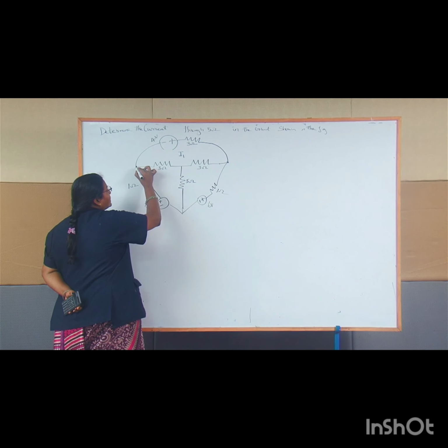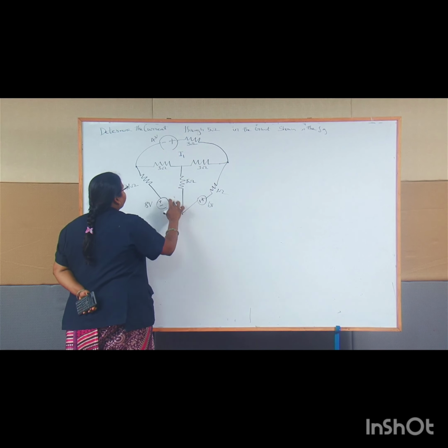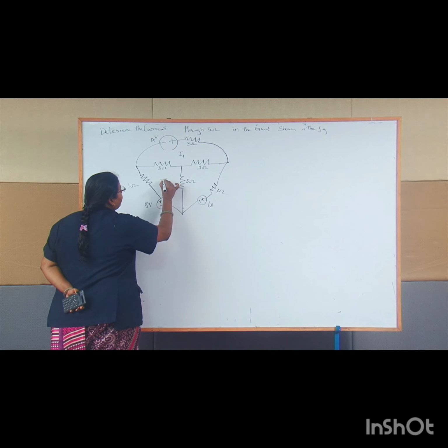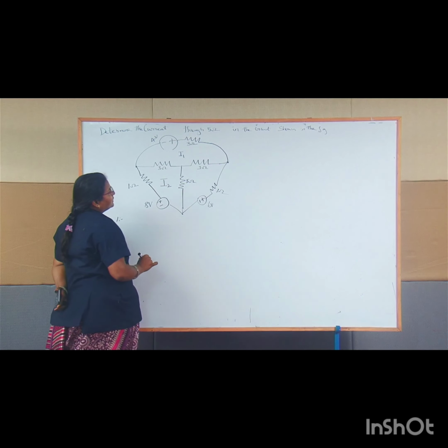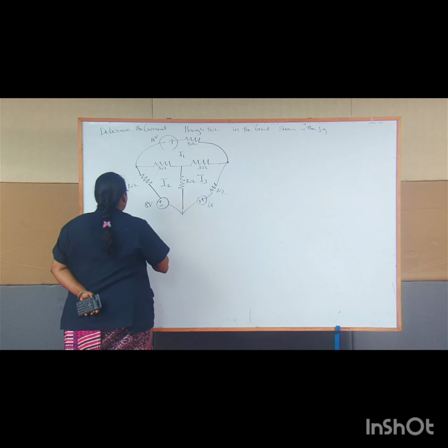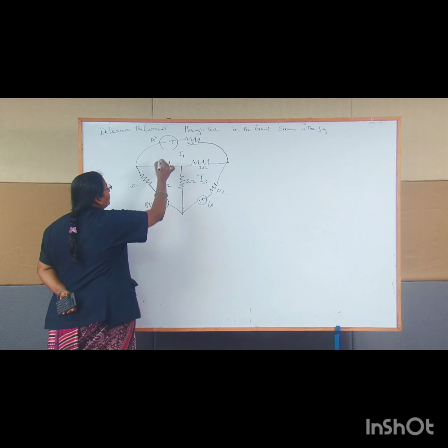Similarly, it will start from here and end here, so I am going to consider this loop as I2. Then this loop as I3. So totally 3 loops in the circuit.